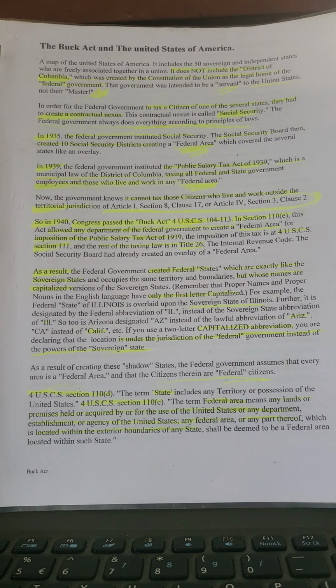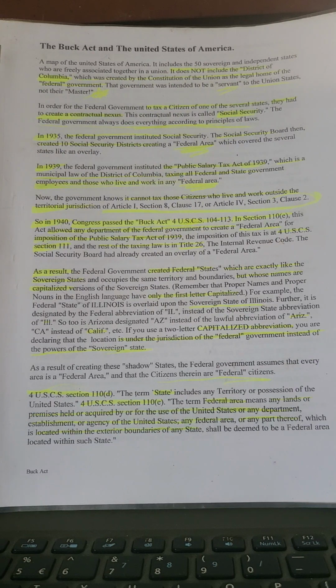The Internal Revenue Code. The Social Security Board had already created an overlay of a federal area. As a result, the federal government created federal states, which are exactly like the sovereign states and occupy the same territory and boundaries.